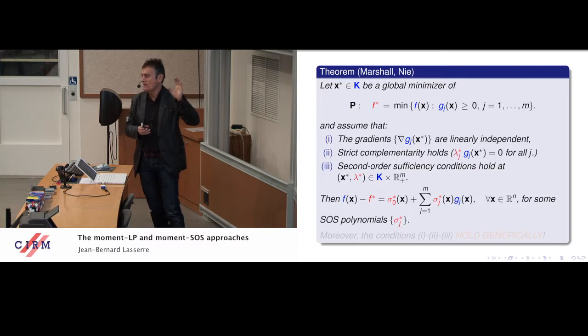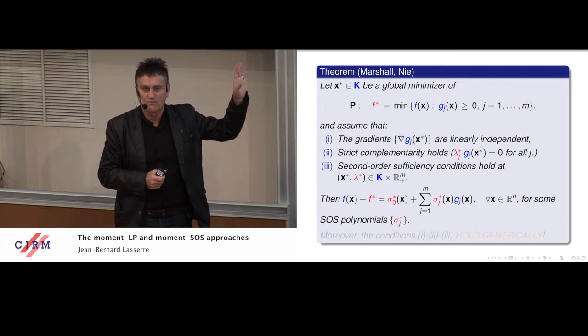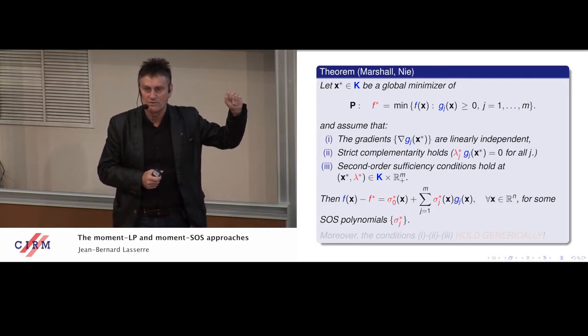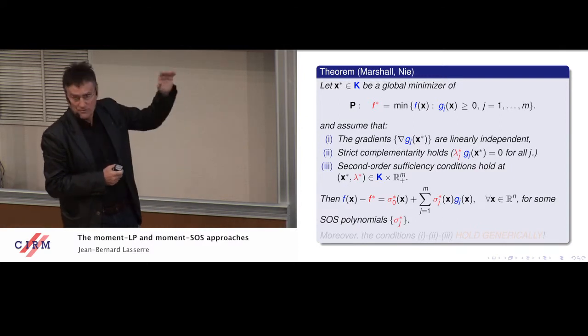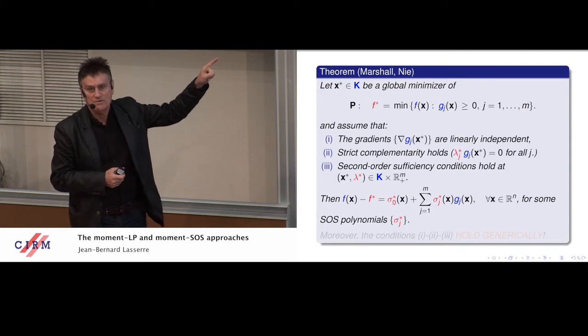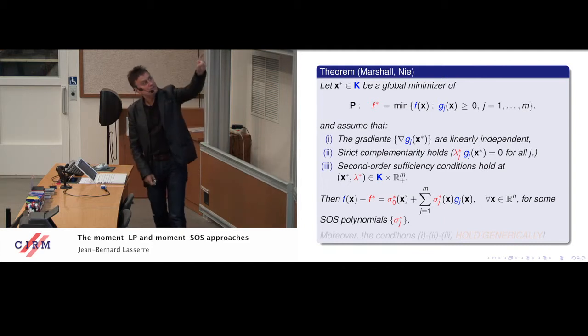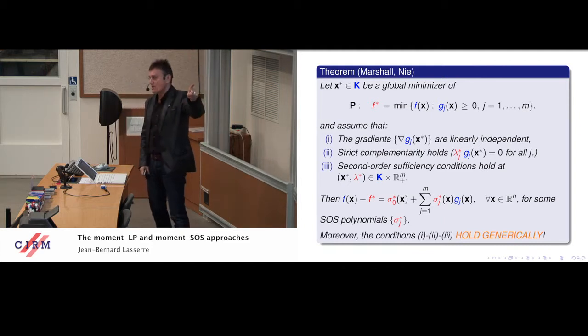In all NLP books, you find those conditions for establishing the Karush-Kuhn-Tucker optimality conditions. But here, under the same conditions for the global minimizer, you have a Putinar representation. And not only that, all these conditions 1, 2, 3 hold generically.